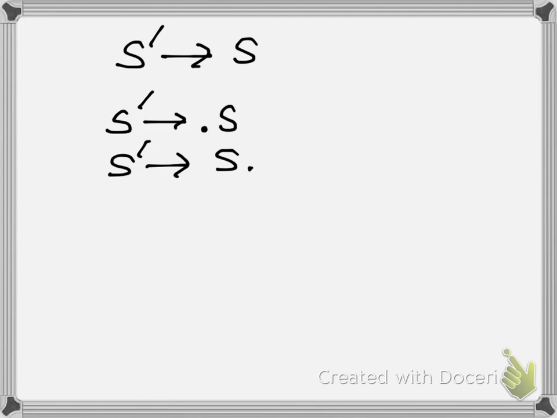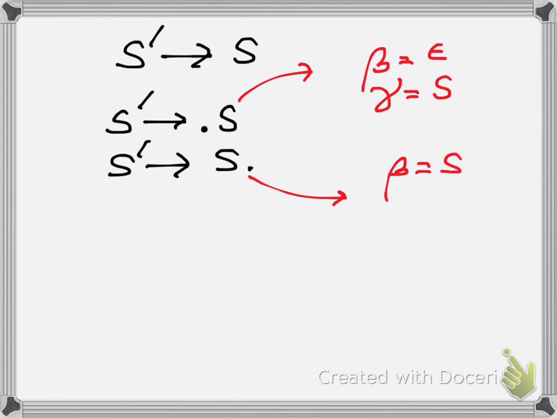For the first one, our beta is epsilon and gamma is S. For our second one, our beta is S and gamma is epsilon.